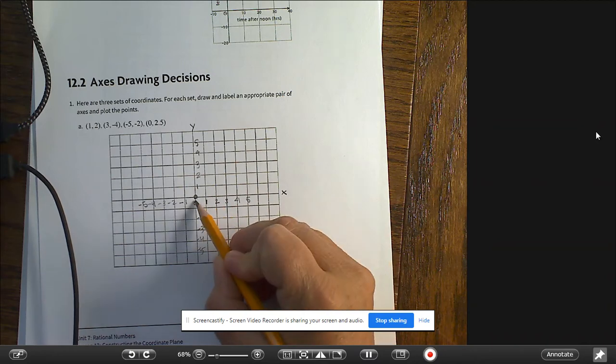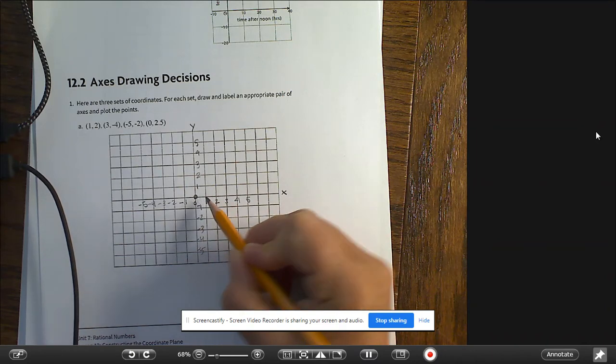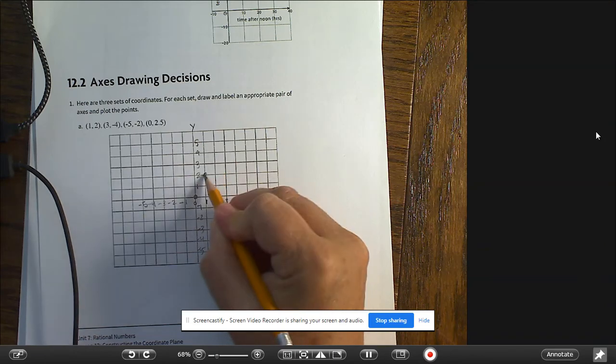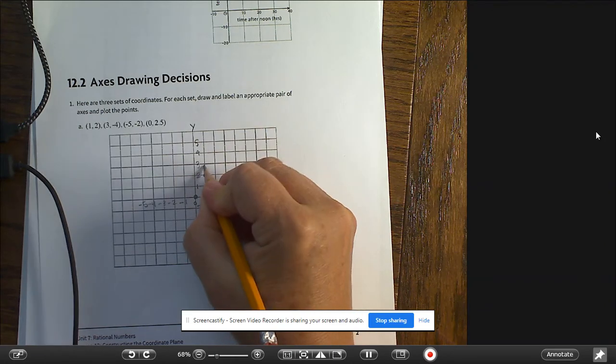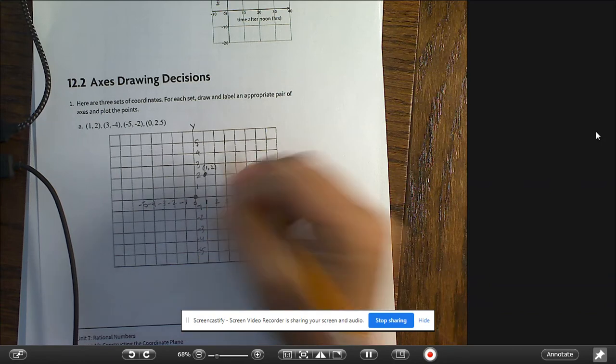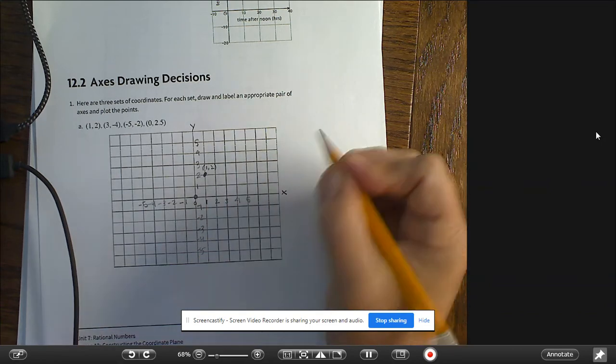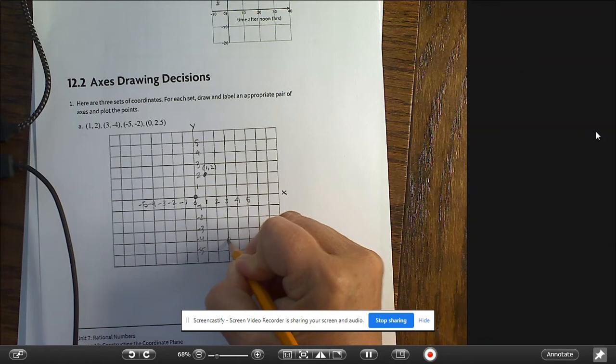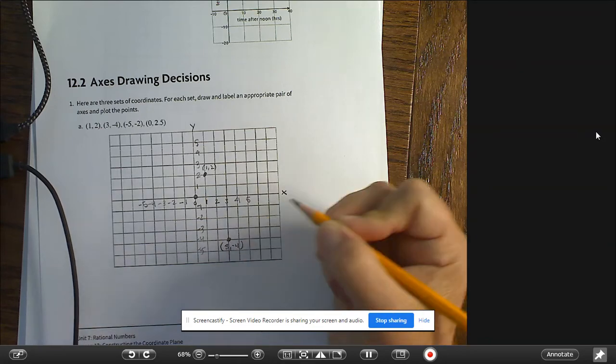So I have 1, remember the first one's always X and the second one is Y. So 1 and then 2 would be here, and I'm going to write that. This is (1, 2) in parentheses. Then I have 3, -4 will be here. Put that in parentheses.